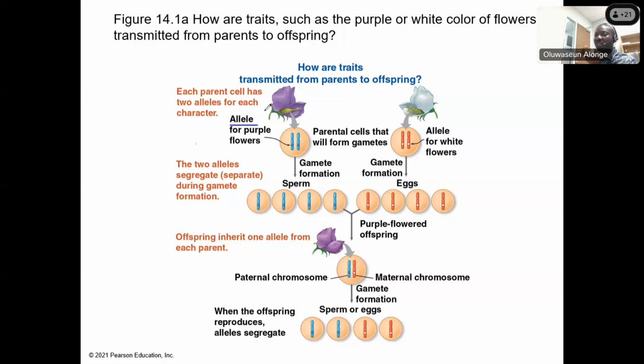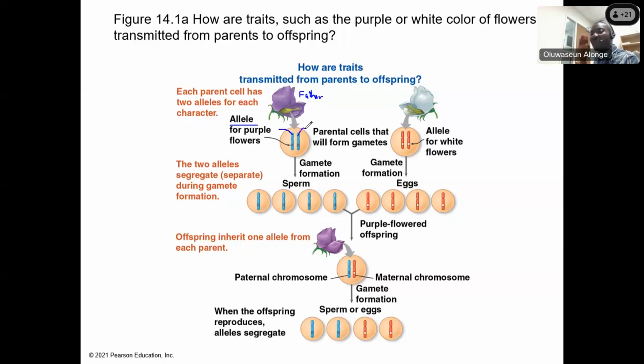Now, when you say a pair of genes, it means that, let's say this is the father in this case. But this father also has parents, and you expect that the father will also have a mother and father. So this father will have gotten genes one from his own father, another from his own mother.